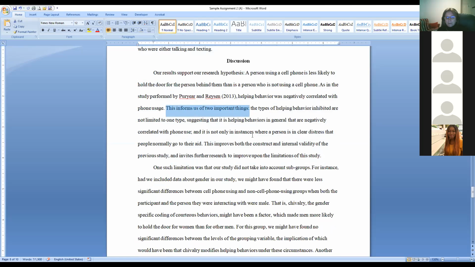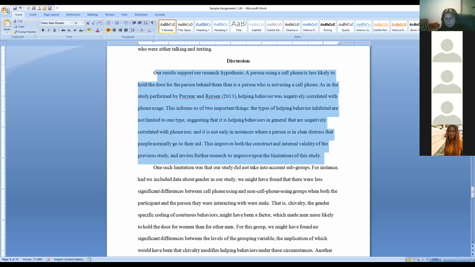They say this informs us of 2 important things. The types of helping behavior inhibited are not limited to one type. So not just picking up the magazines for somebody who cannot do it, but also holding the door. All right. So they repeat the hypothesis and they say that the hypothesis was confirmed. For those of you who did not get the significant results, you will say that your hypothesis was not confirmed.